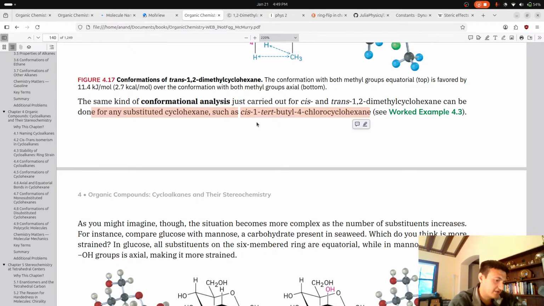Okay, so what are we trying to figure out? We're trying to figure out the strains of all this stuff. So in this case, well, I don't know what the Cl is.